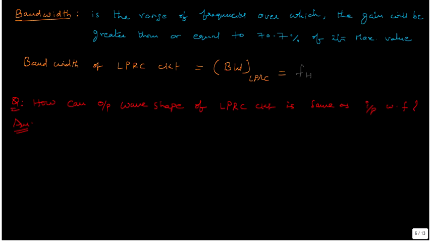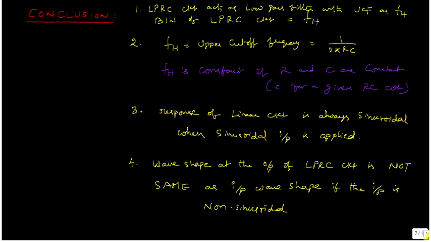So the conclusions from this response of the LPRC circuit for a sinusoidal input are as follows. First conclusion: the low pass RC circuit can act as a low pass filter with upper cutoff frequency FH. Because this circuit gives more magnitude for the frequencies less than FH and less magnitude for the frequencies greater than FH.